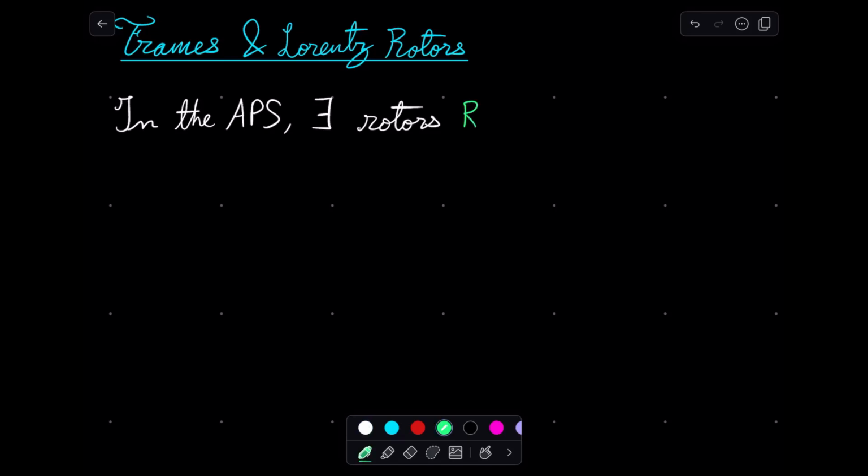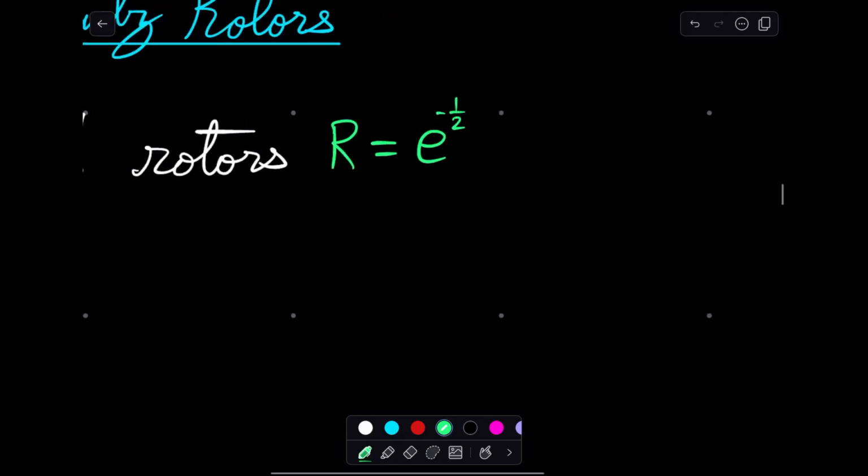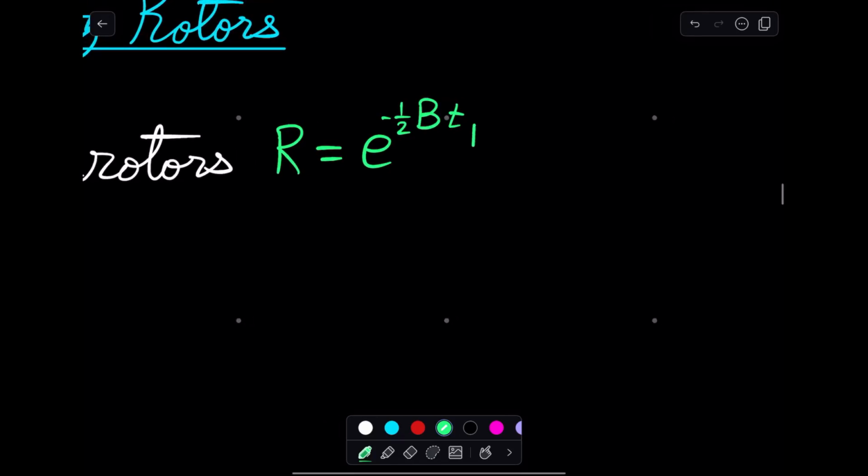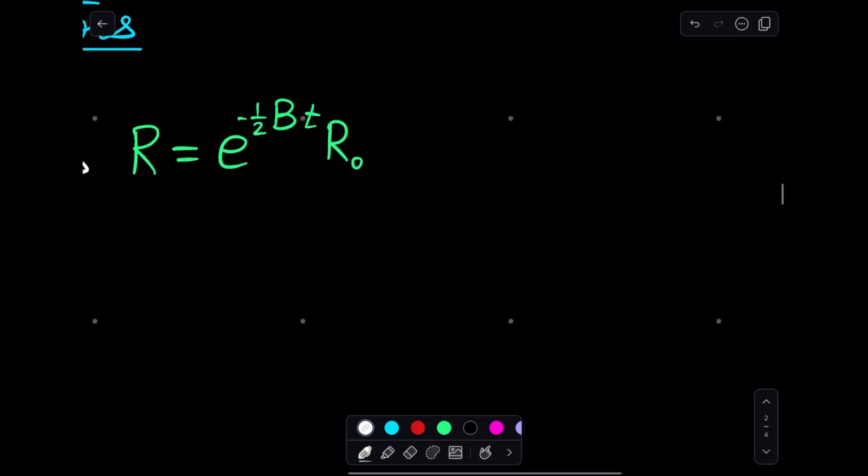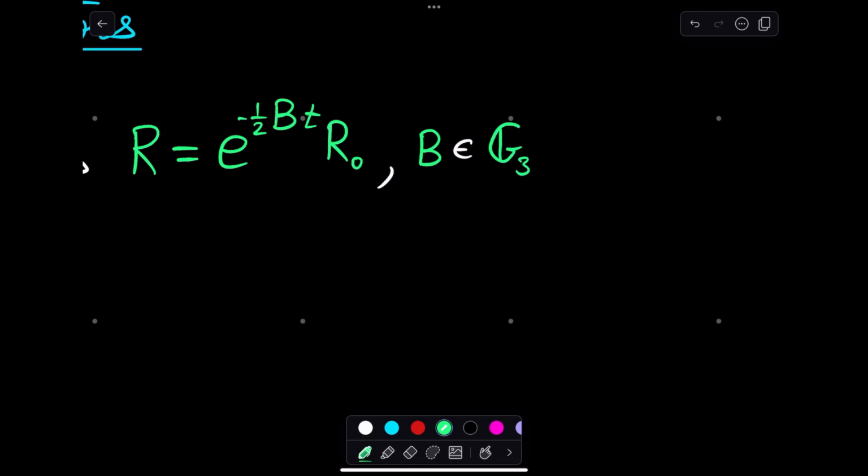These are defined as exponentials of negative 1/2 times some bivector B, and then t. Then the initial rotor, where, just for emphasis, B is an element of the algebra, but it's a bivector, so it's in grade 2.